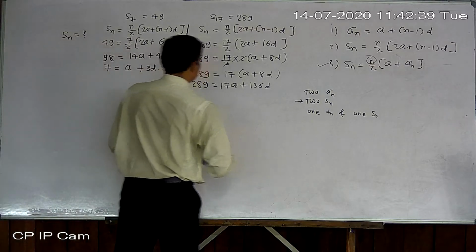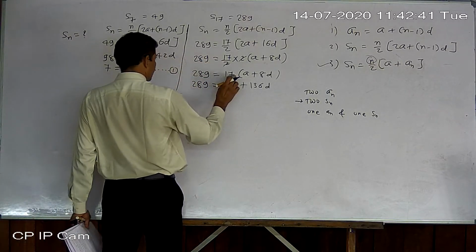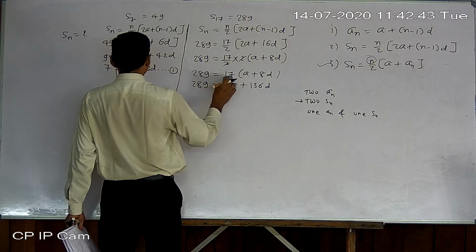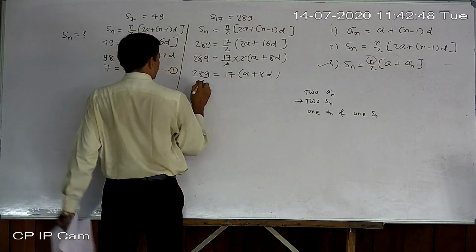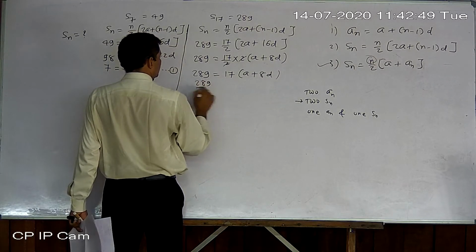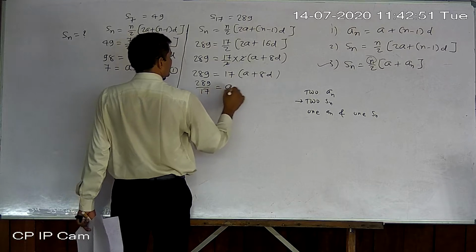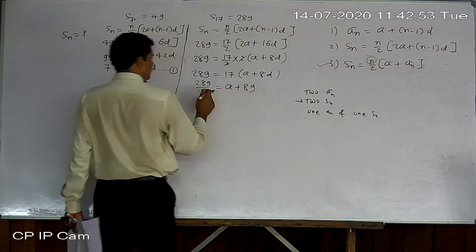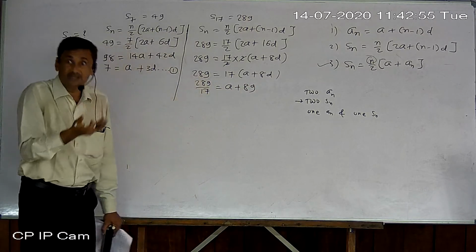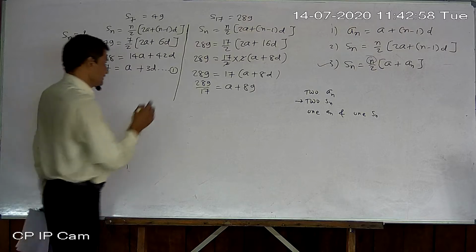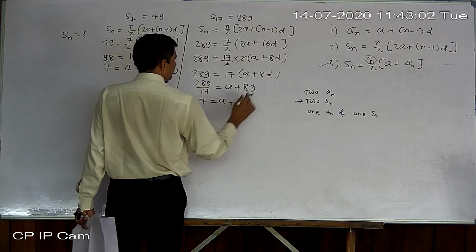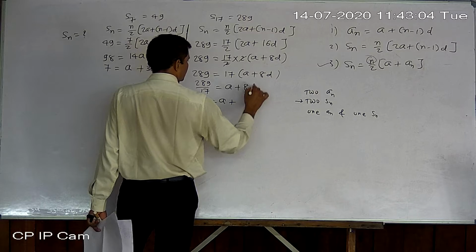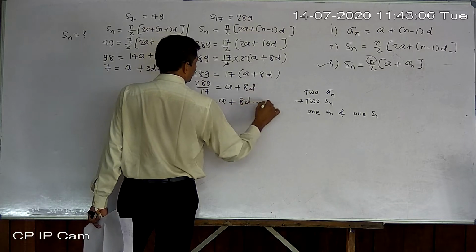Okay, one another way, this is a multiple of this one, so you can shift it here also. So 289 upon 17 is equal to a plus 8d. Now you know 17 square is 289. So 17 17s are 289. So a plus 8d equals 17. So we got second equation also.